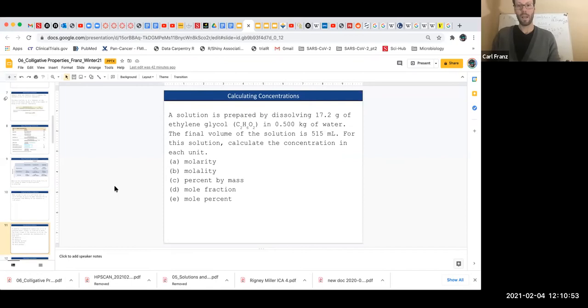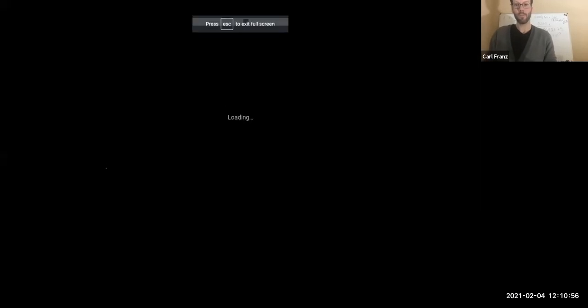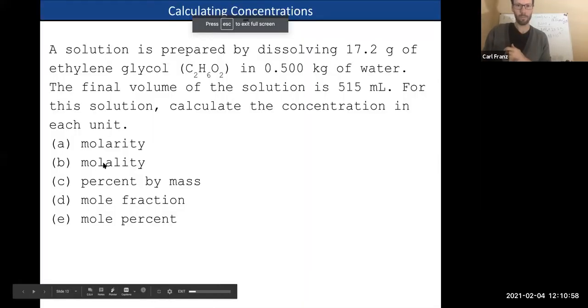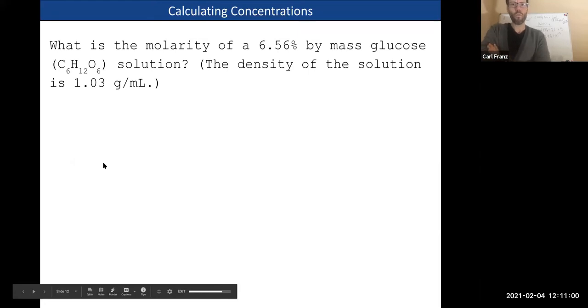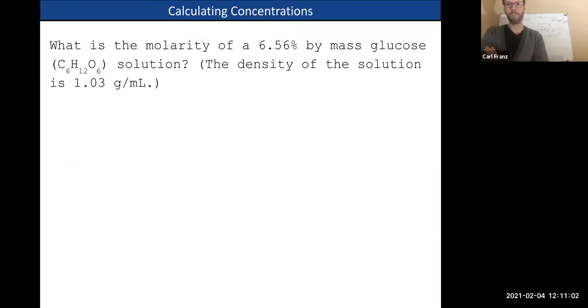Okay, now I think in the interest of time, I'll skip over this, but it's asking for the molarity of a 6.56% by mass glucose solution. And they give you the density.